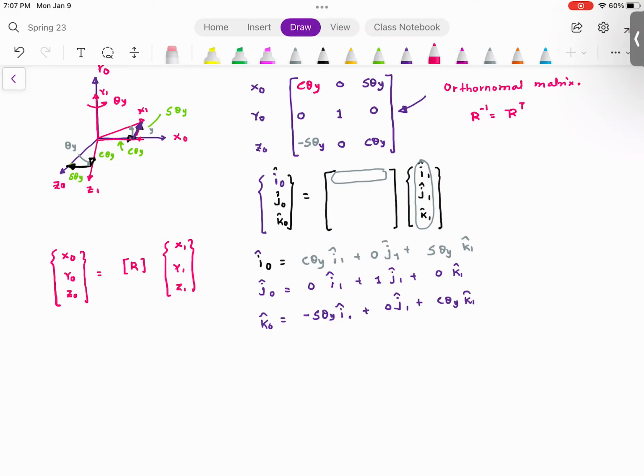Do you agree with me? So I need to multiply here by R inverse, and here by R inverse.